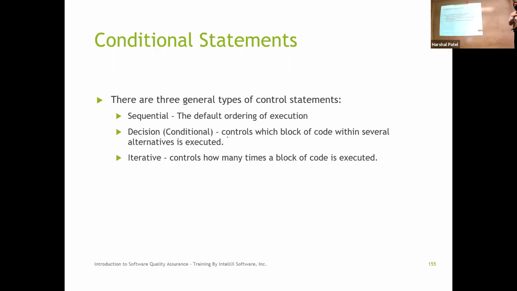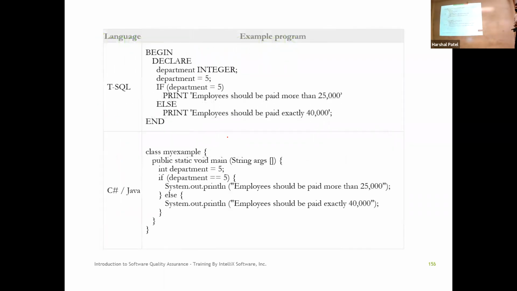If yes, you prompt, do you want to ship to this address? If there is no shipping address, you prompt them to enter one. So depending on a certain condition, you take this path or that path. In the middle, you will have an evaluator, which is, what is the condition that I'm trying to evaluate? And then you're going to have an iterator. Let's take a look at each one of them.